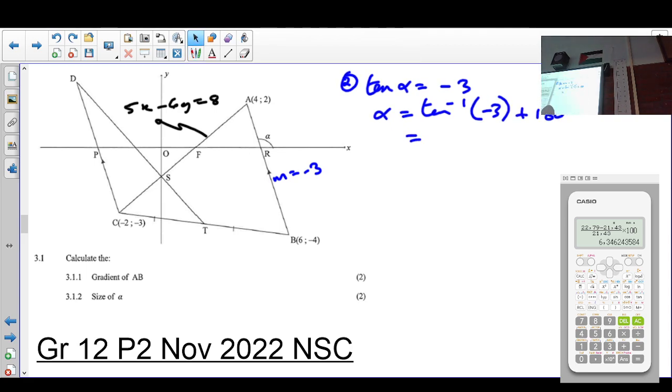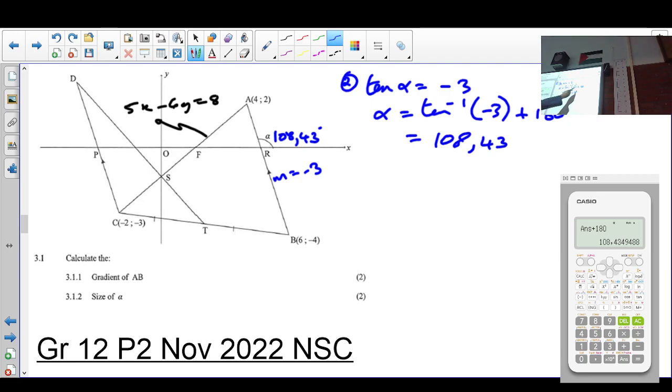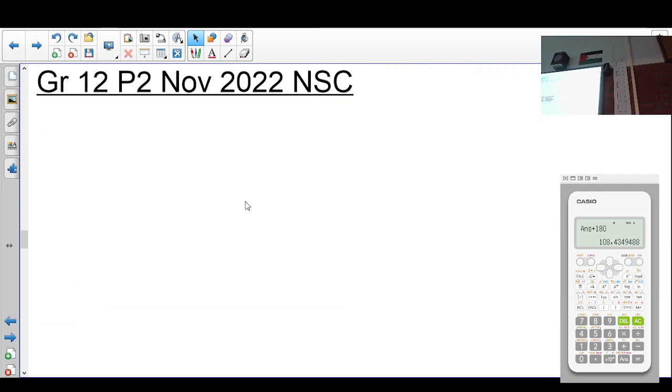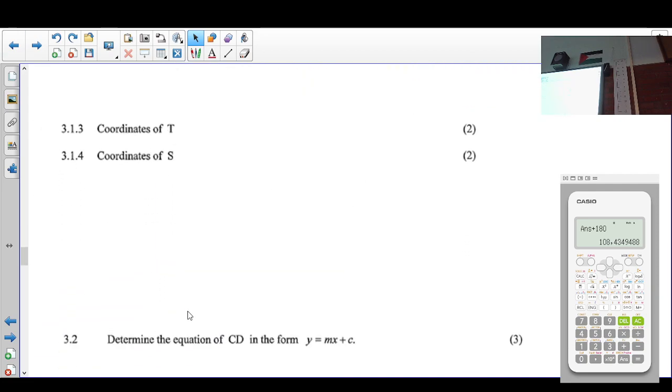So arctan of negative 3 plus 180 gives us an obtuse angle of 108.43 degrees. It doesn't specify 1 or 2 decimal places. We would probably have accepted both, but normally the question wants 2 decimal places, unless otherwise specified.